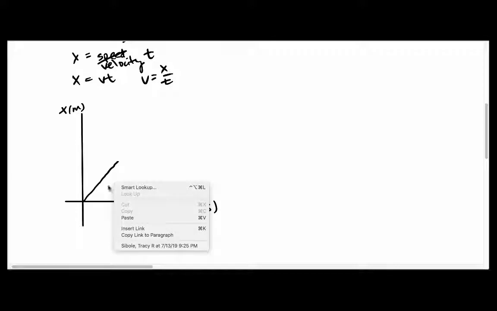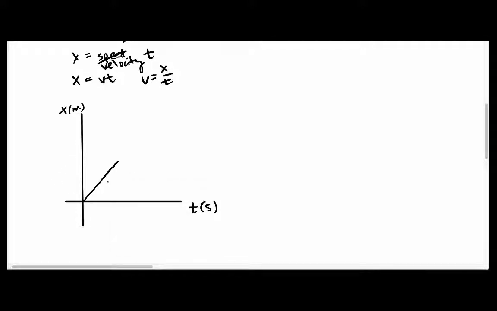So if you have a straight line, then that indicates that you have a constant velocity. But let's say that your car is moving, and after a second it's here, and after another second it's here, and then it's here, and then it stops, and it's here, and it's here, and it's here. And no longer is your position changing, but time does continue to go on.